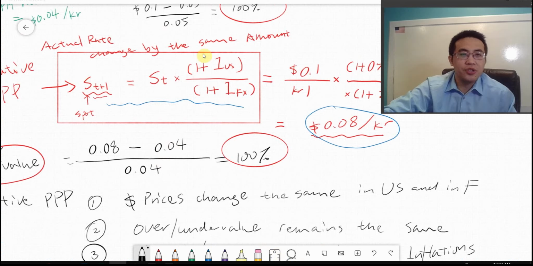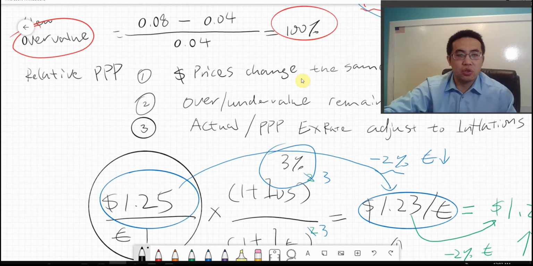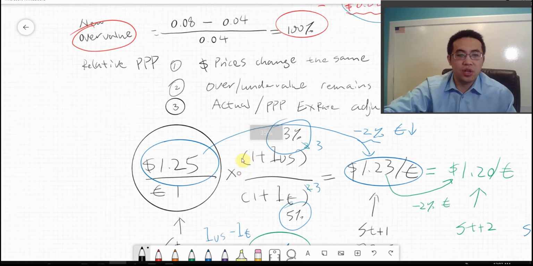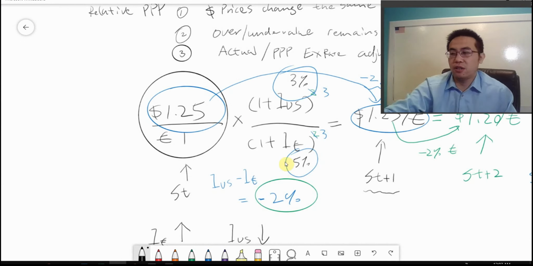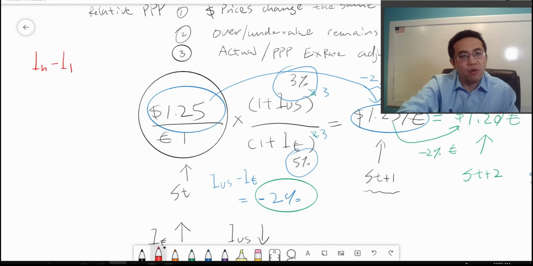The exchange rate would adjust for the inflation difference, and the inflation difference would be the change of the exchange rate. So let me just write it up here: home minus foreign would be the change of the exchange rate under the relative form of PPP.